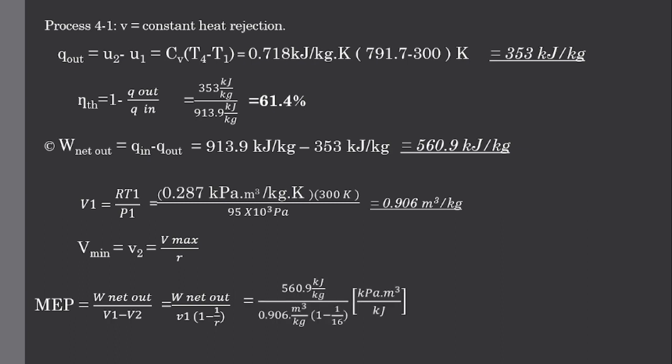So our net work is 560.9 kilojoule per kilogram over volume 1, which is 0.906 cubic meter per kilogram, times 1 minus 1 over r, which is 16. We're going to multiply by 1 kilopascal cubic meter per kilojoule. We're going to cancel the kilojoule and cubic meter. Our MEP, or mean effective pressure, is 660.4 kilopascal.